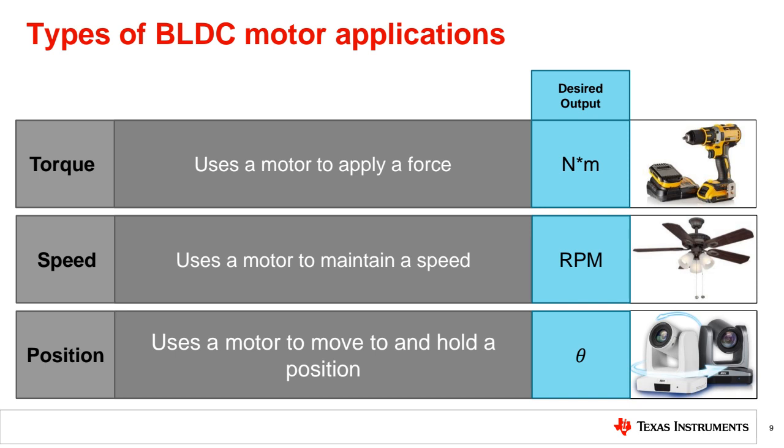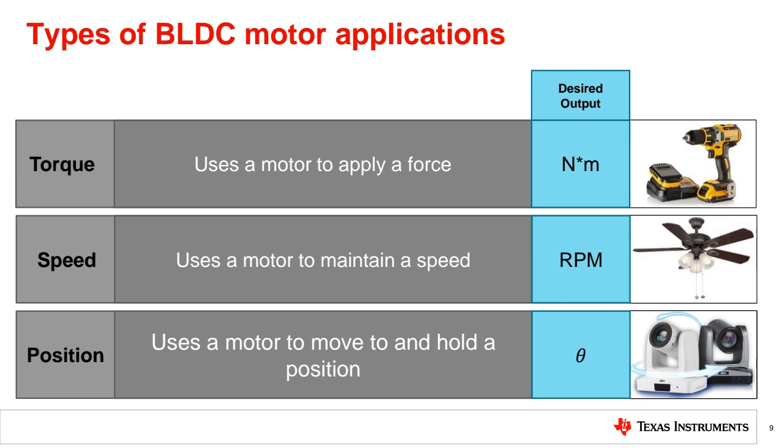Torque application, for example, a cordless drill. In your home probably, or in your life, you have used a cordless drill machine at least one time, because it does not matter what speed the motor is turning at. The desired result is to deliver enough torque to drive in a screw.